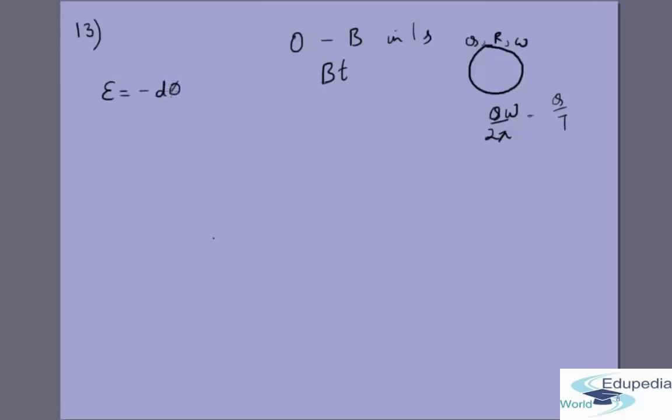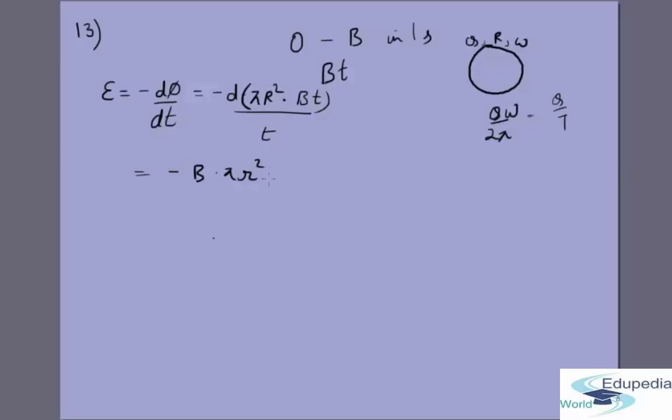It is minus d phi by dt, which is equal to minus d of phi, where phi is the area into the magnetic field, which is the flux. Area is pi r squared into the magnetic field, which is Bt by t, is equal to minus B into pi r squared.